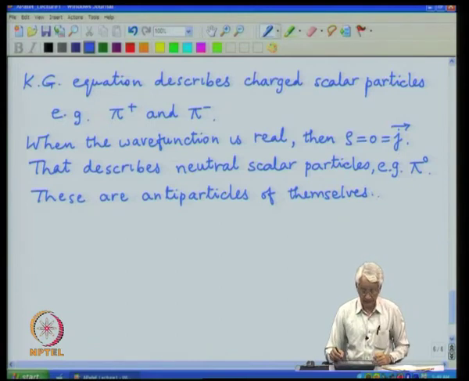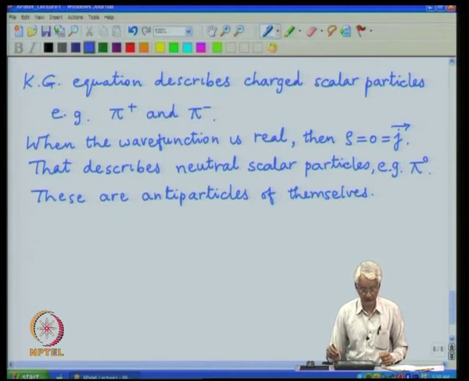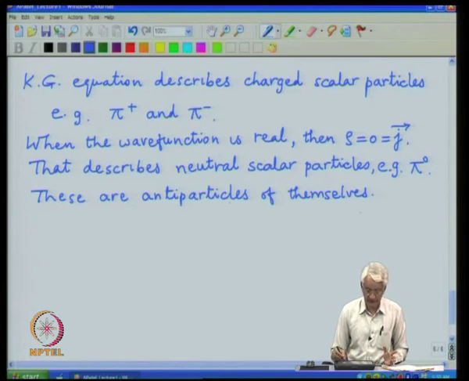So, one can try to define a transformation going from particle to antiparticle. In the case of charged particles, it is nothing but complex conjugation. If psi describes e raised to minus i E t by h cross kind of time dependence, psi star will define the time dependence of the same type, but with opposite signs of energy. And so, if psi is a particle, psi star can be associated antiparticle wave function. In the neutral particles case, psi and psi star are equal, or one can say that the particles are antiparticles of themselves.